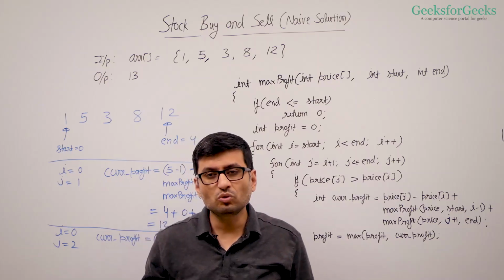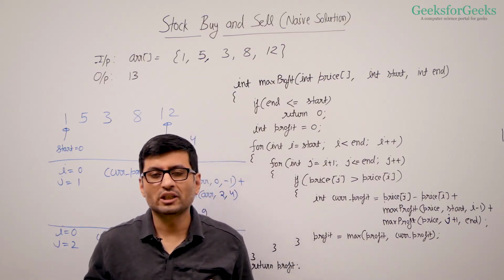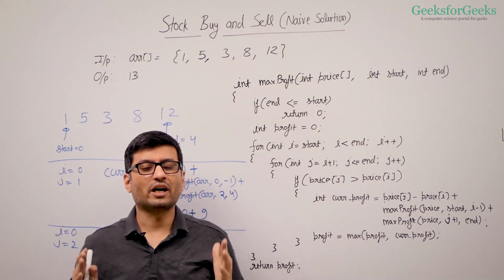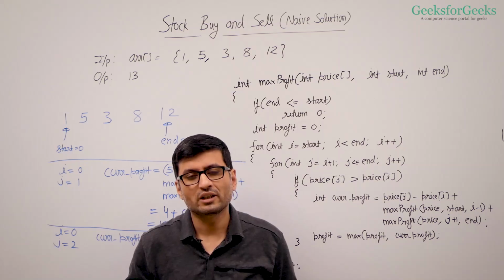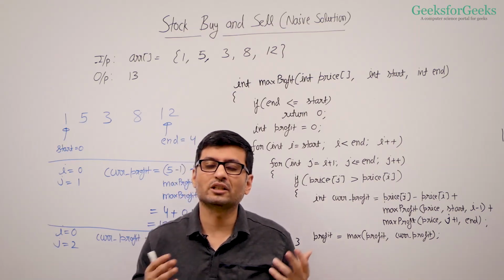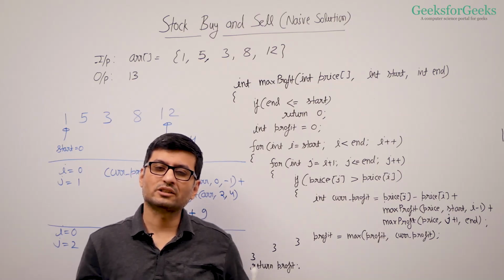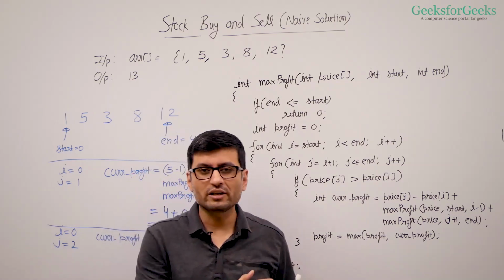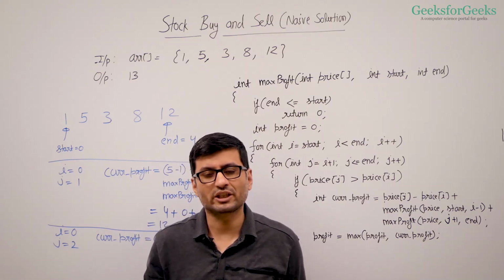Now if it has 2 or more elements, then what we do is, we consider every such pair i and j such that i is smaller than j and price of j is greater than price of i. So you have a pair i and j such that you can buy on day i and you can sell on day j and you can make some profit. That's the basic idea.